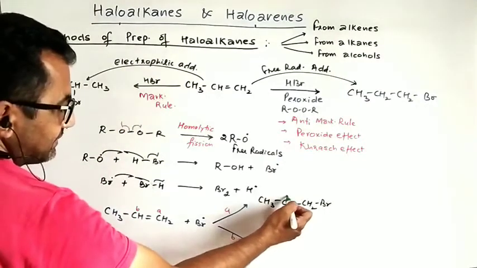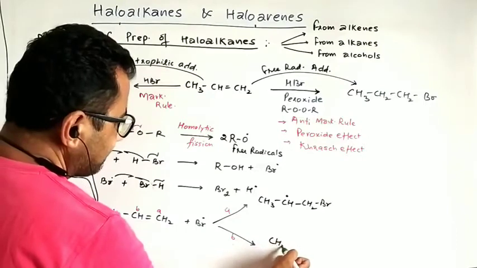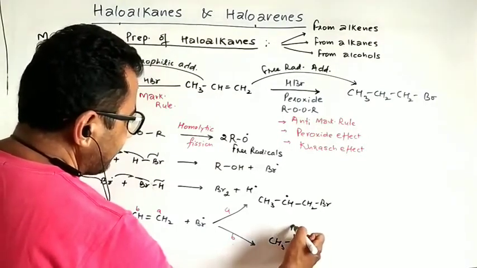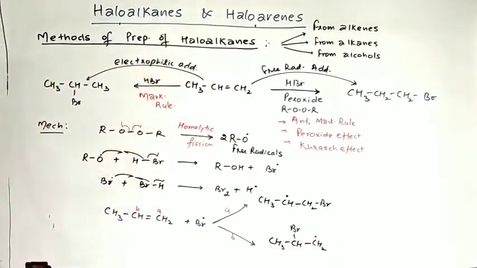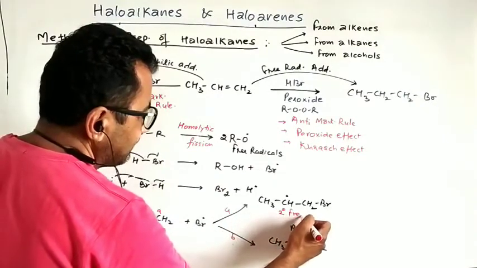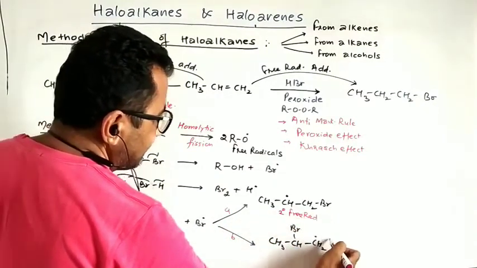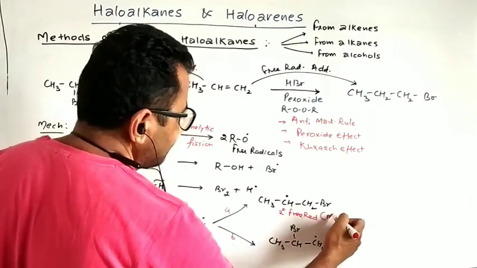Free radical is present on this carbon. If it is added to B, then free radical is produced here. See, this is your 2 degree free radical, and this is your 1 degree free radical. The 2 degree is more stable.